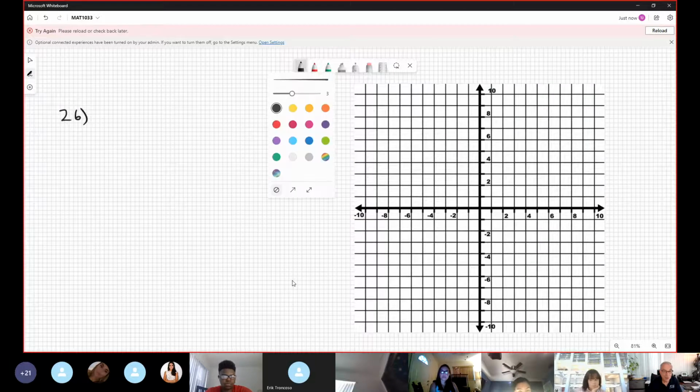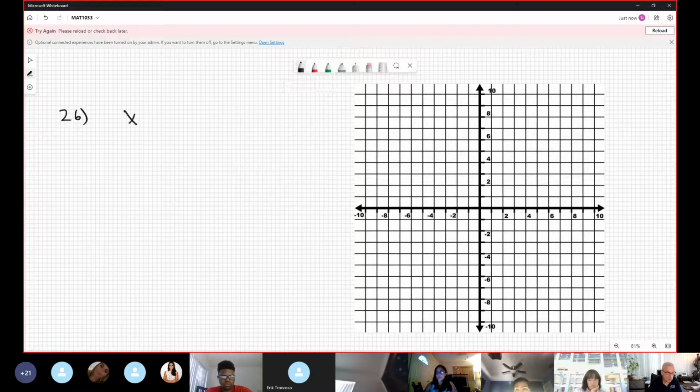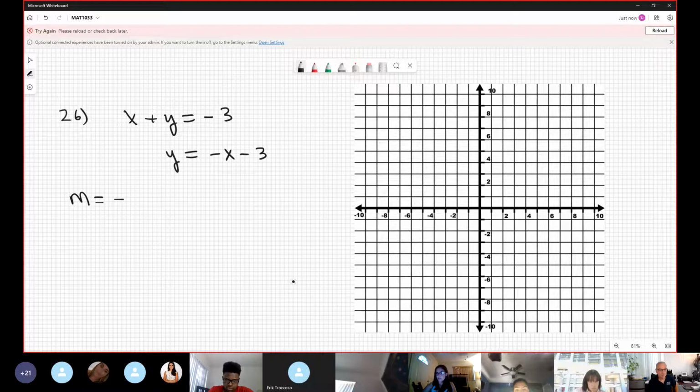Now, 26 is easy. It's x plus y equals minus 3. So solving for y alone, y equals minus x minus 3. Therefore, its slope is -1 and b is -3. When there's -1, remember run and rise.